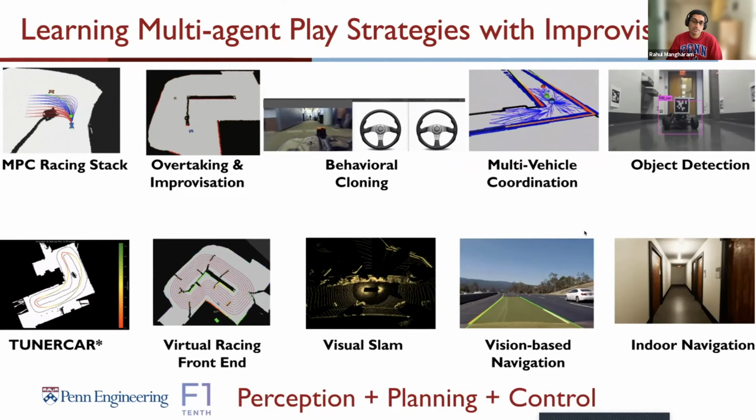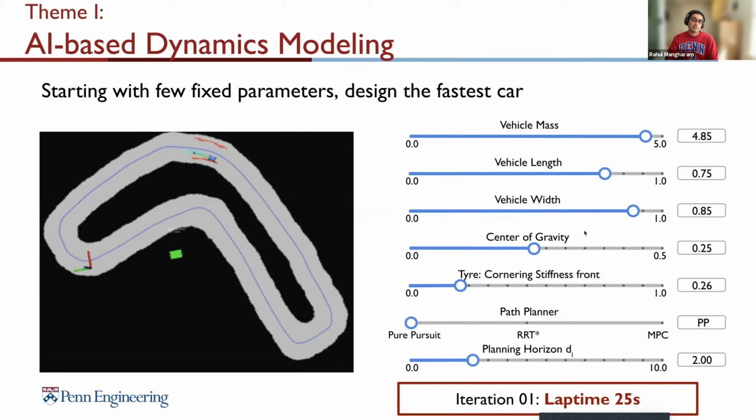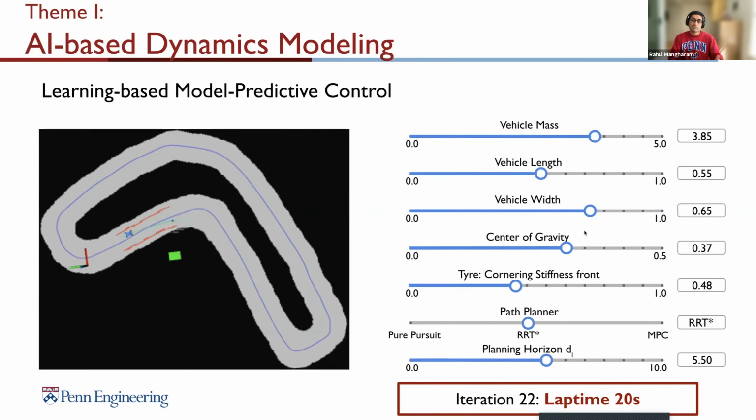It's extremely hands-on too. The first theme is really on looking at machine learning based dynamics modeling. Just starting with a few fixed parameters, how do you design the fastest car? You have a track and you're trying to learn the dynamical model of the vehicle and then push it to its limit. Initially, say the lap time is just 25 seconds, and now you're going lap by lap, doing learning based model predictive control.